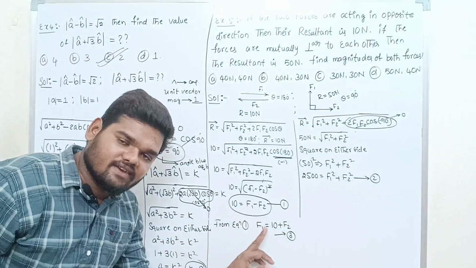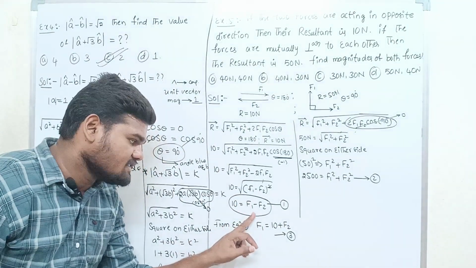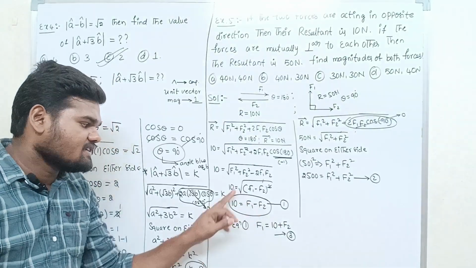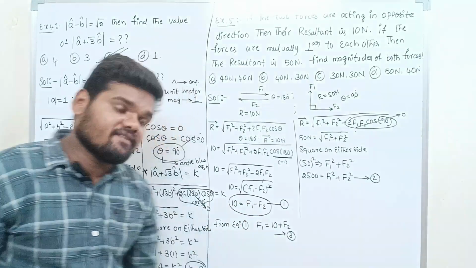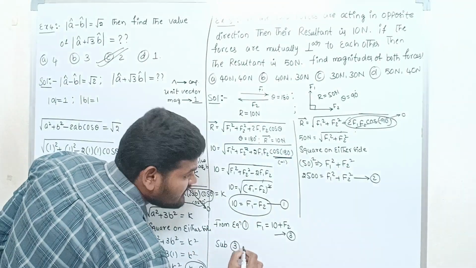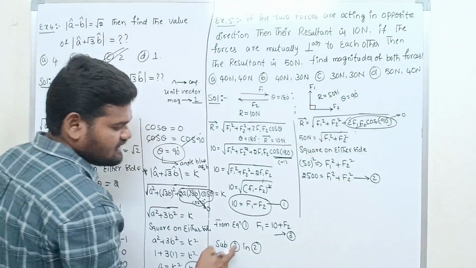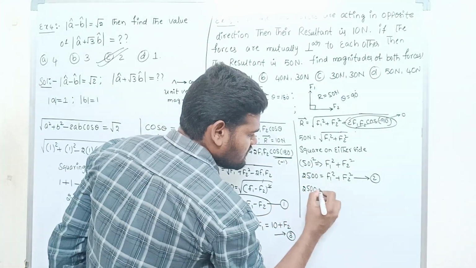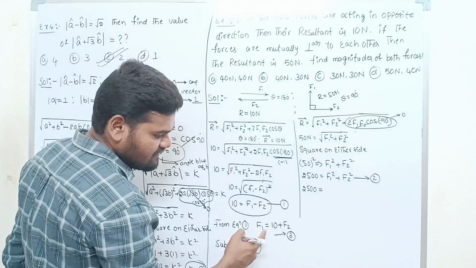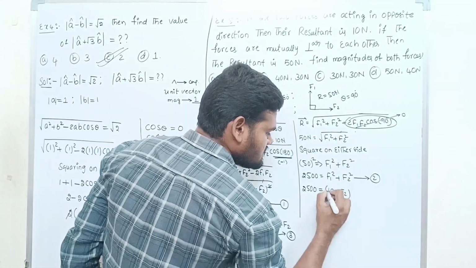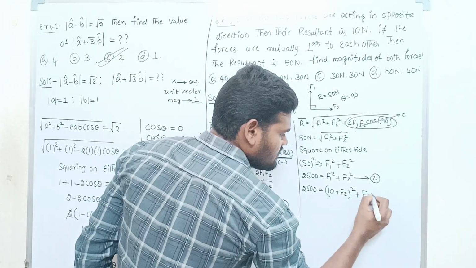So substitute F1 from equation 3 in the second equation. So we get 2500 is equal to F1 square. What is F1? 10 plus F2, whole square, plus F2 square.